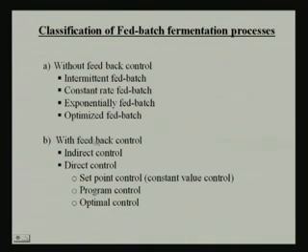When we are further classifying feedback control, there is indirect control and direct control. When we are going for the direct control, then we can go for the set point control, that is constant value control, and program control and optimal control.